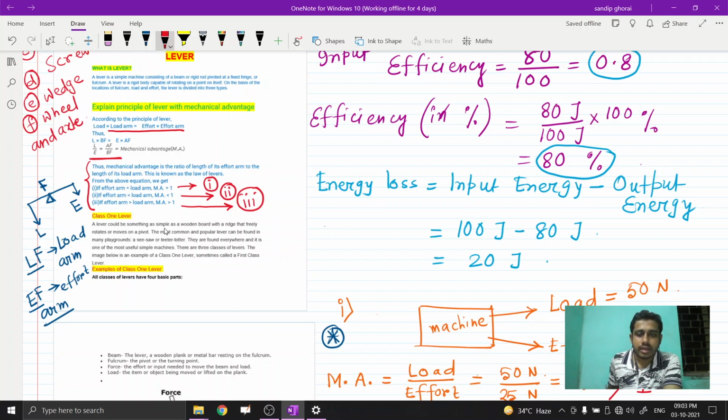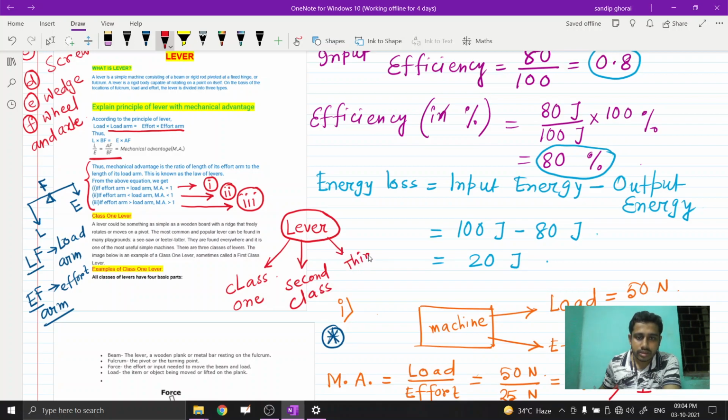And there are also three types of lever: first class lever or class 1, second class or class 2, and third class lever.